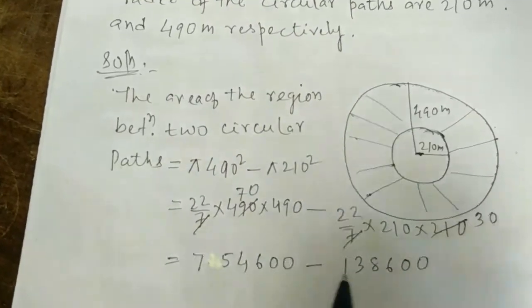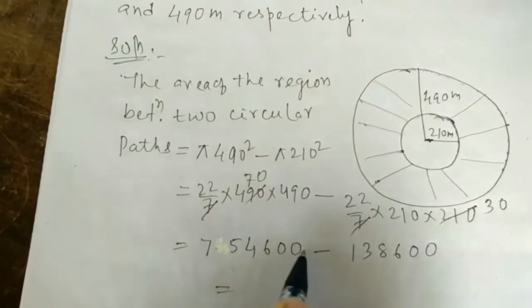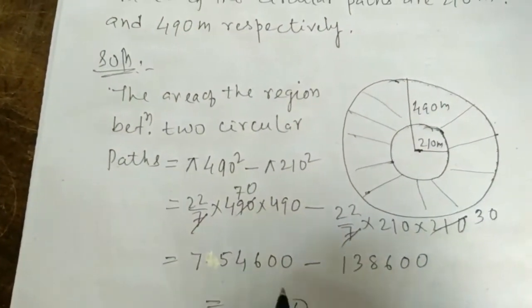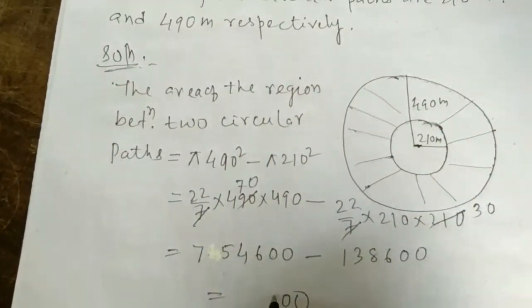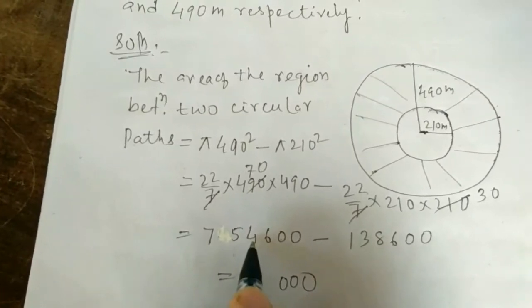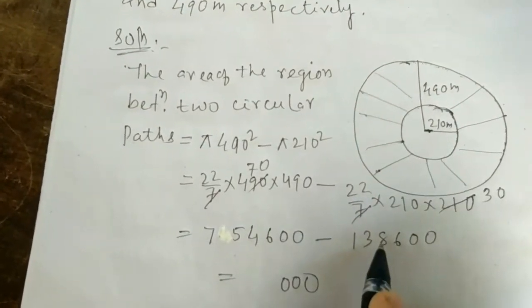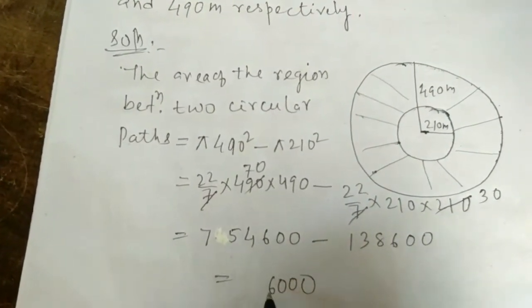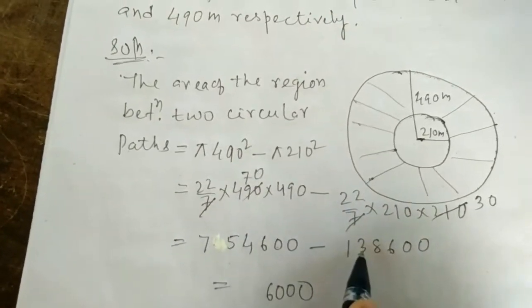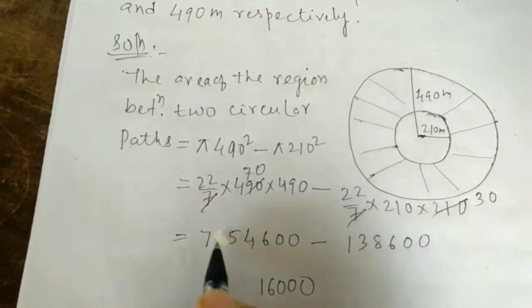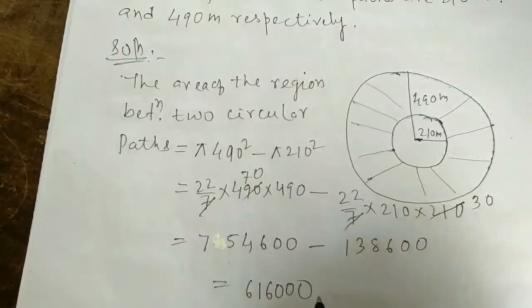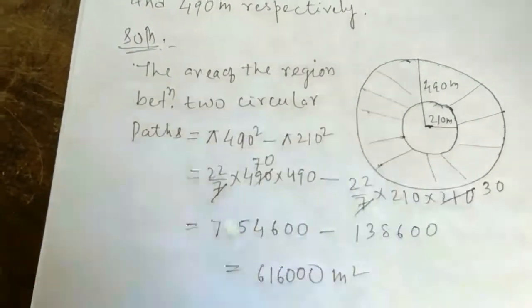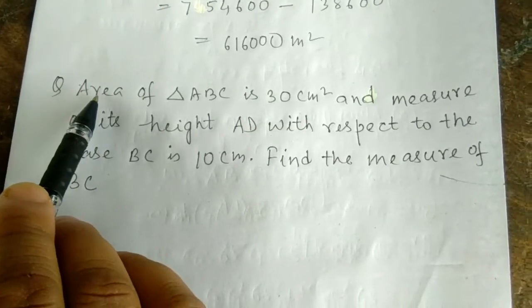Then subtract: 0 minus 0 is 0, 0 minus 0 is 0, 6 minus 6 is 0, take 14, 14 minus 8 is 6, 4 minus 3 equal to 1, 7 minus 1 equal to 6. This is the answer. Okay, next question.